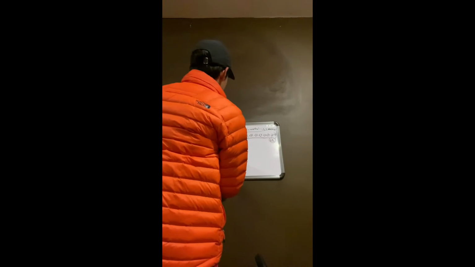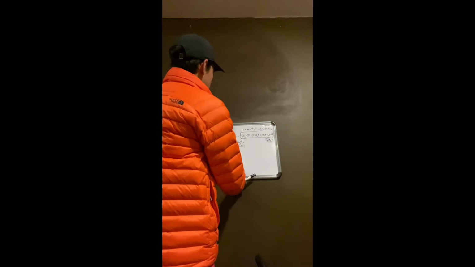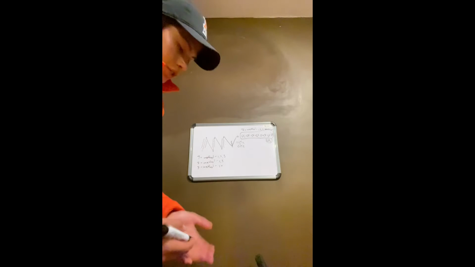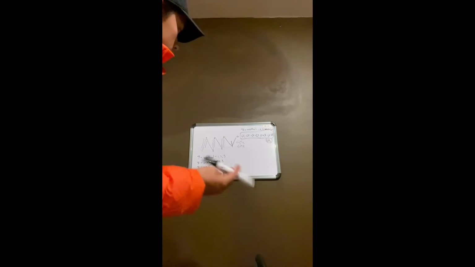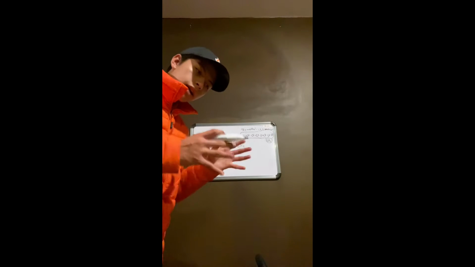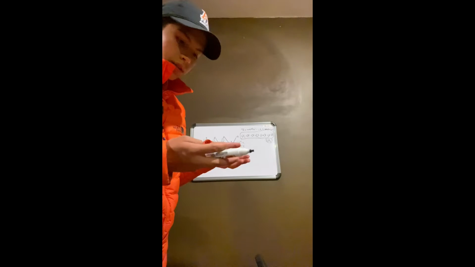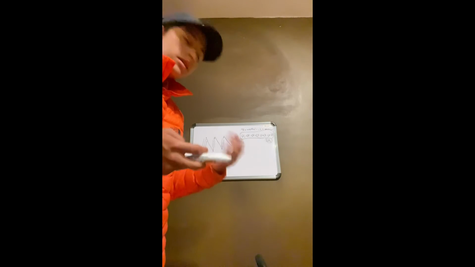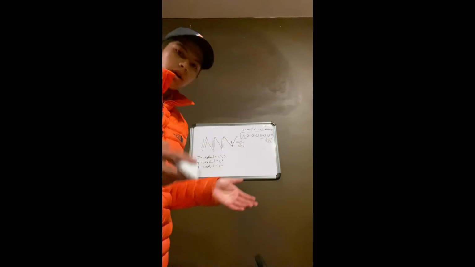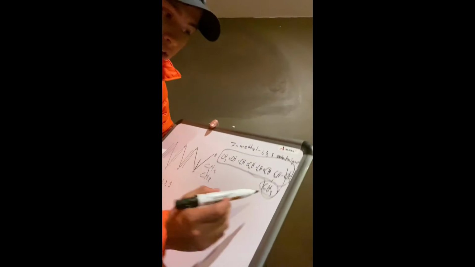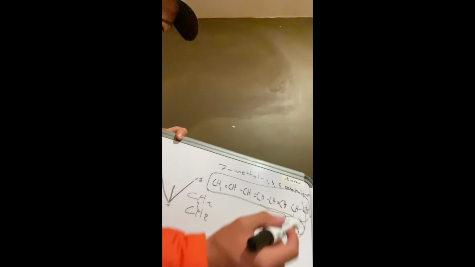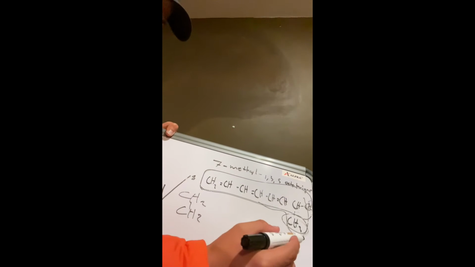So the next step is to name the different branches that are in our carbon chain. These are the carbons that don't give more carbons to our longest carbon chain, but they are part of it. They are connected. For example, this one is a branch, and this one is the methyl.